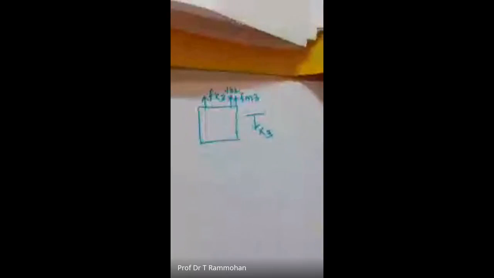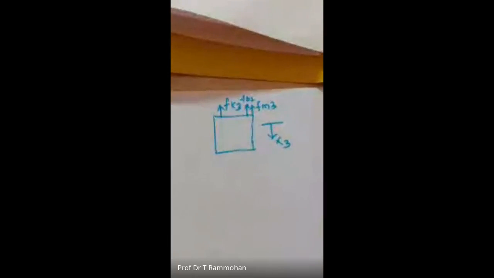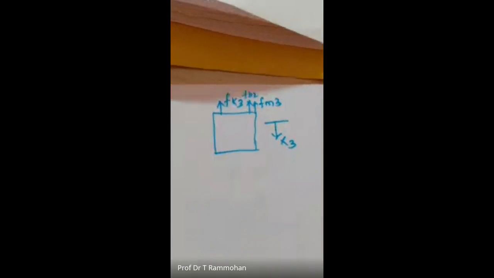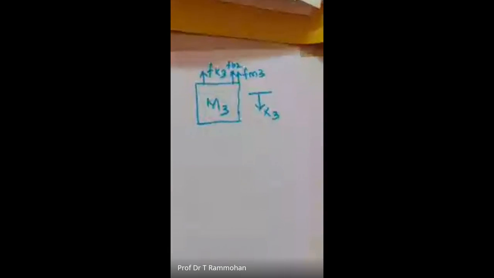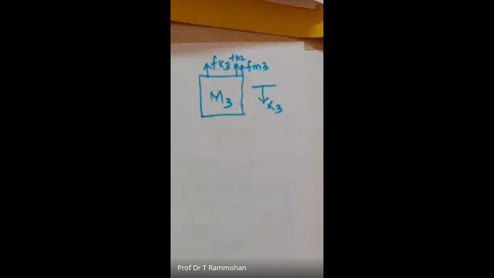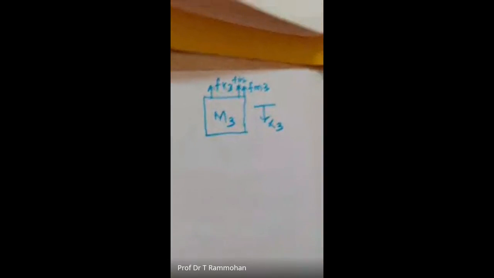Okay, the components connected to M3 are, I write here so that you can understand better. K3, B2. Refer to the diagram and tell me. K3, B2 are exactly right.